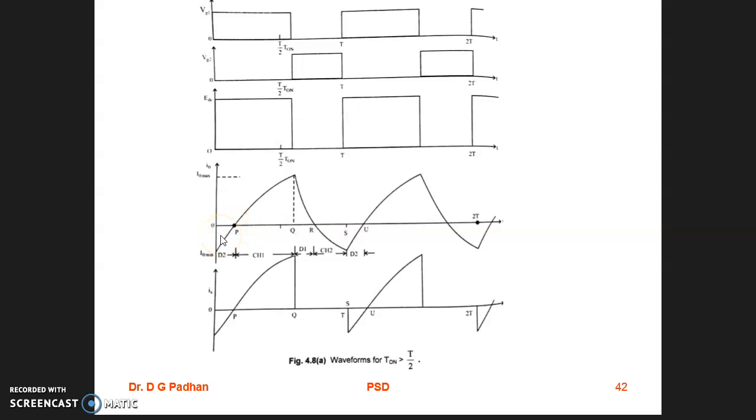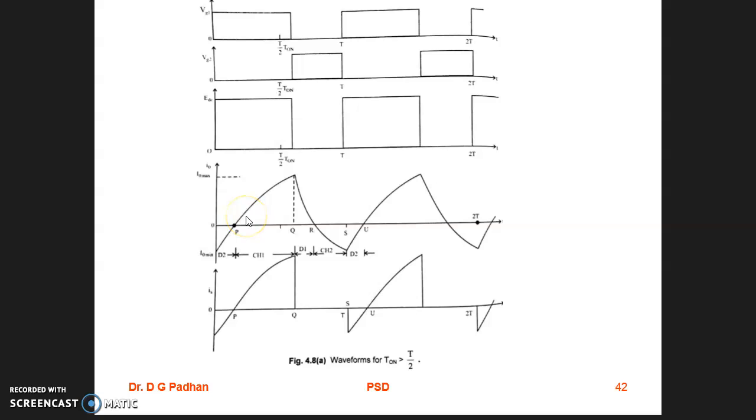Therefore D2 is conducting and chopper 1 is reverse biased. So even though the gate signal is given to chopper 1, it does not come to the on state. When the current is 0 at P, the direction of the current changes from negative to positive.